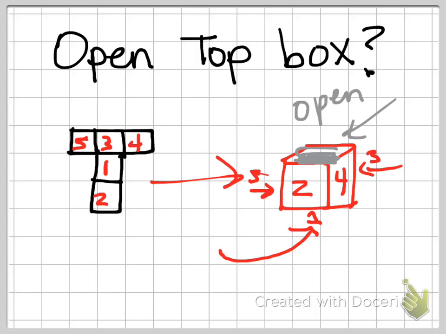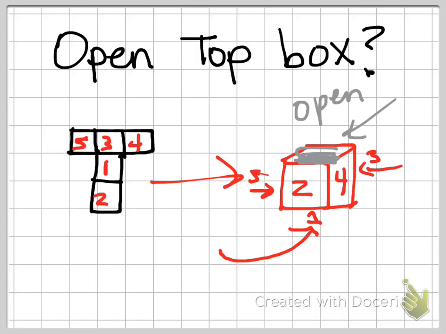Now, some of you will be able to see this mentally once you think about the pentomino and you put the foldings together. You'll be able to see which one has an opening. Some of you will need a visual and you might have to draw the picture, and then cut it up and fold it to be able to identify out of the 12 which 8 total give you an open top.